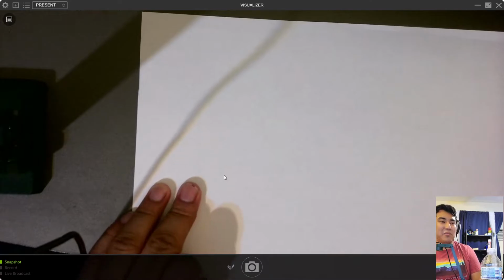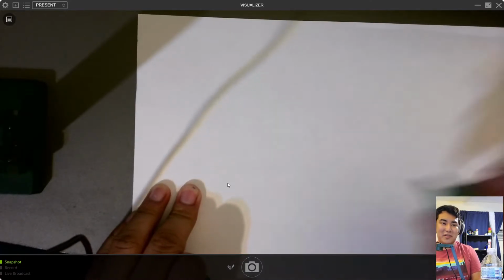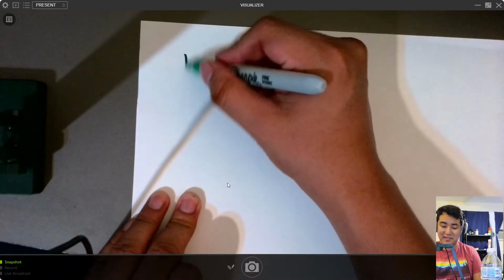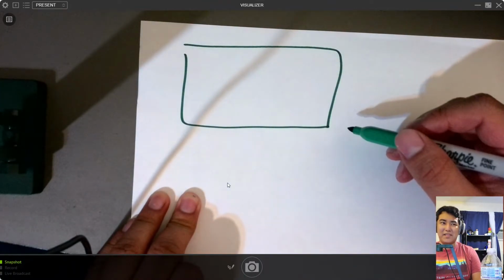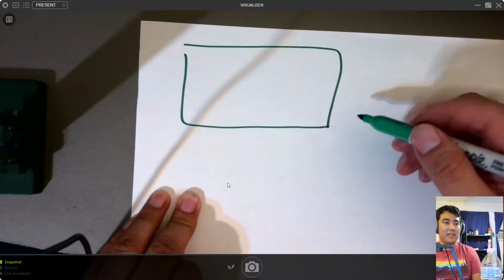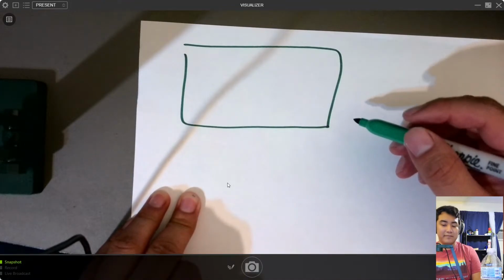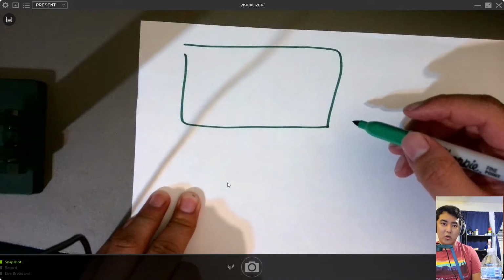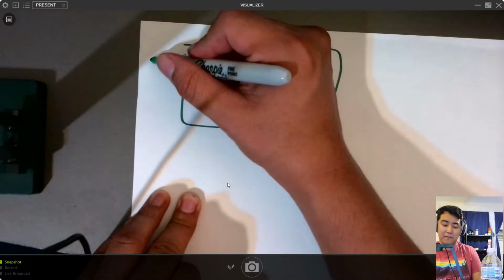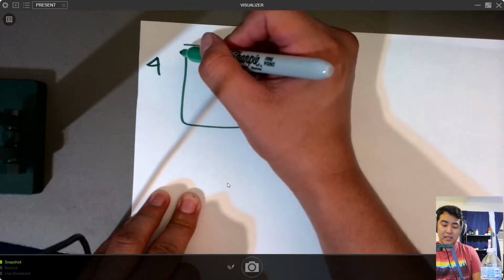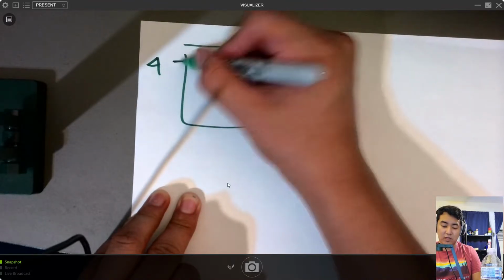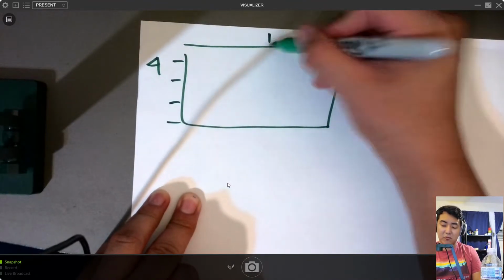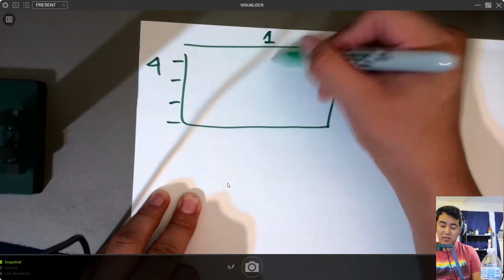It's asking to plot the inputs and the outputs. So here's your setup, and I don't know what's the best way of doing it. You could do a 4 by 1 layout, so 4 rows, 1, 2, 3, 4, by 1 column.